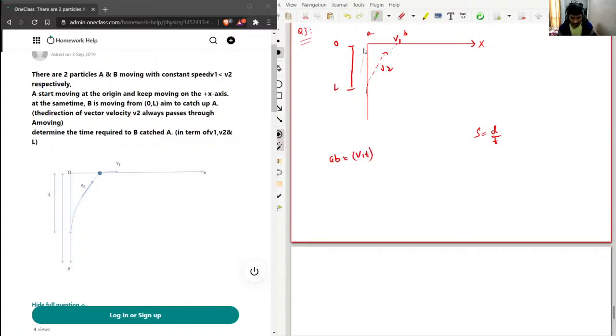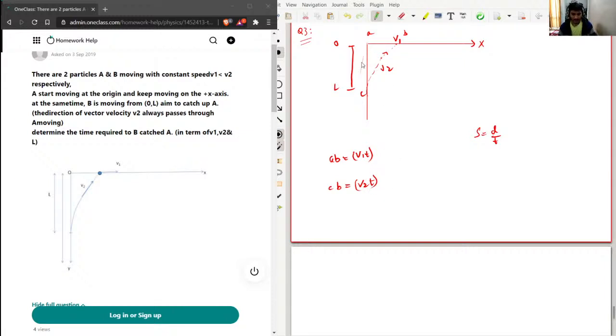We have this length L, but the length of the hypotenuse is not known. So let's say this is C. So CB is going to be v2 into t.